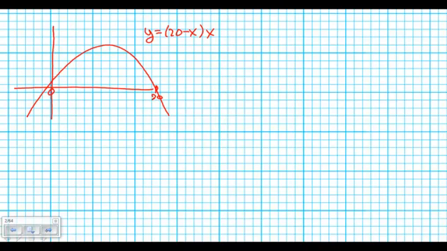All right? I'm going to inscribe a rectangle in there so that the top of the rectangle is just touching points that are on that parabola.